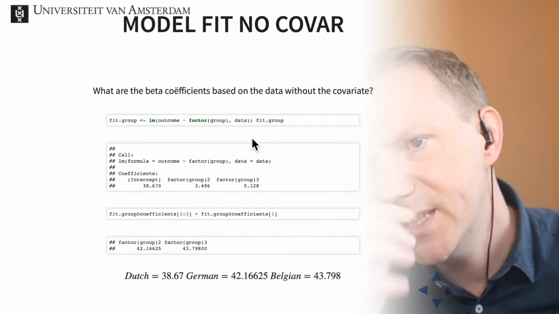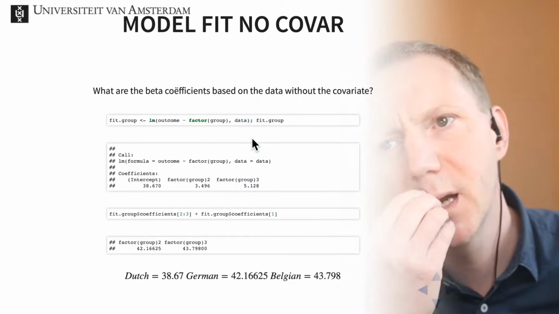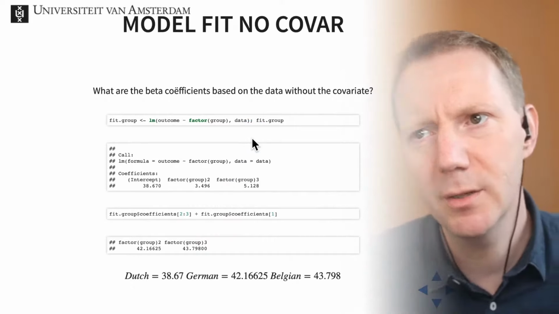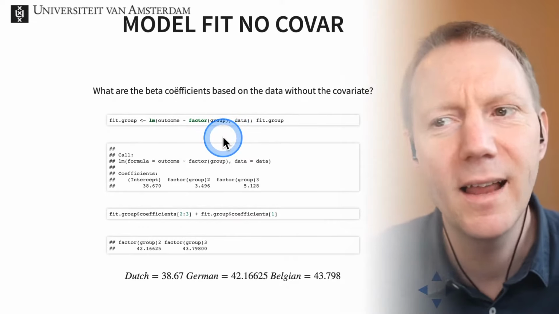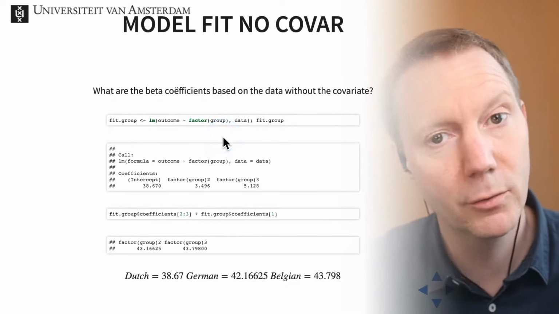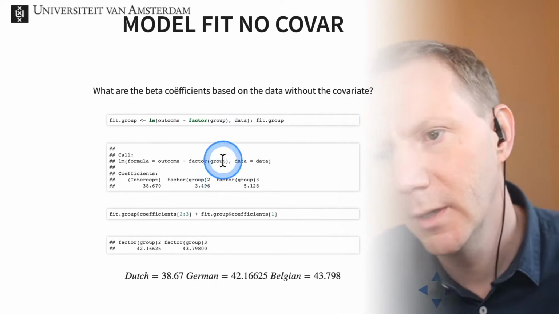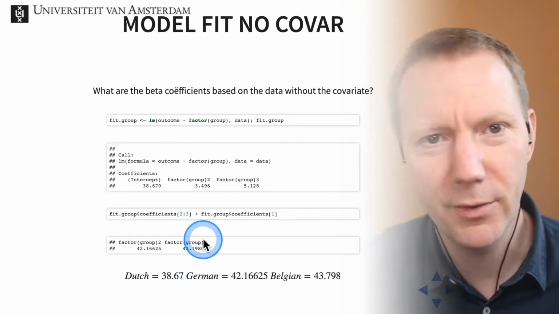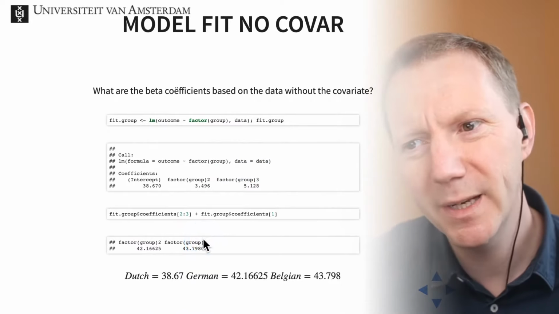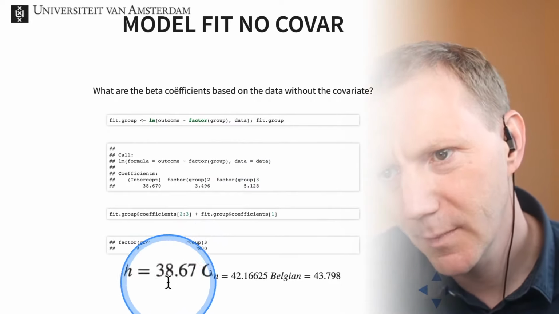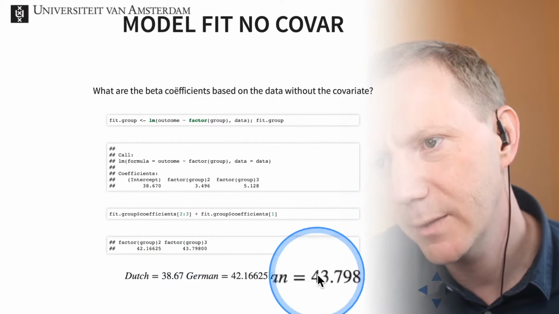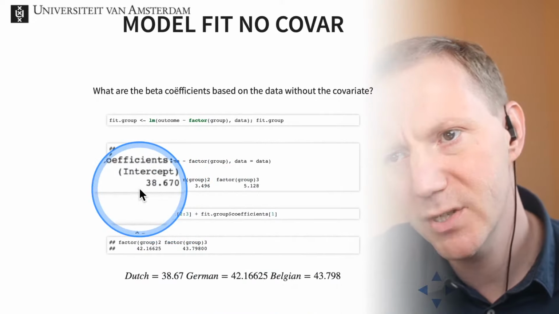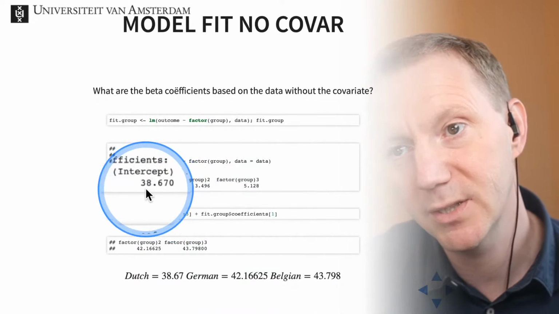What this means is that if you don't take the covariate into consideration, and only analyze your data based on the grouping variable and your outcome variable, the beta coefficients that you get, and in other terms the means within these groups, are not reflecting what we actually put in there, because it's too high.